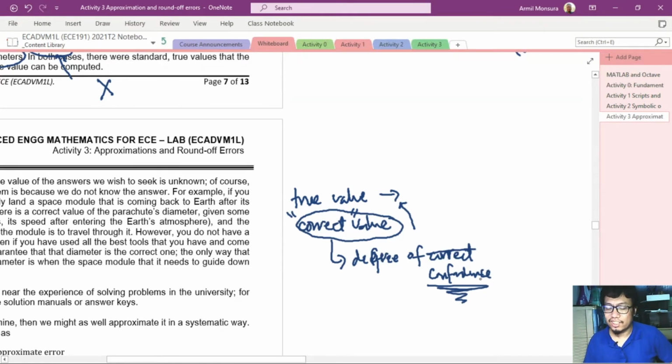This doesn't talk about guts, but rather there is also evidence pointing out that your correct value is actually close to the true value. So that evidence is determined using errors din. Okay. So yun yung point.